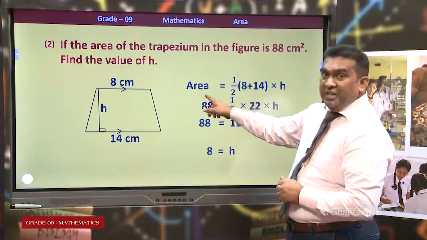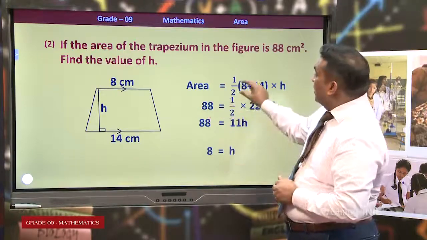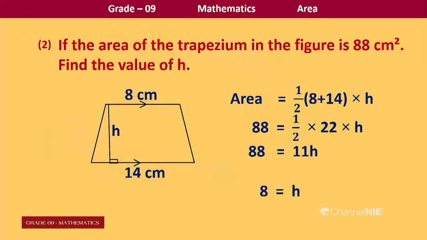Area, by definition, is equal to half into the sum of lengths of parallel sides into perpendicular height. Here area 88 equals half into 22 into h. Now, you can divide 22 by 2, that is 11, 11 multiplied by h is 11h.